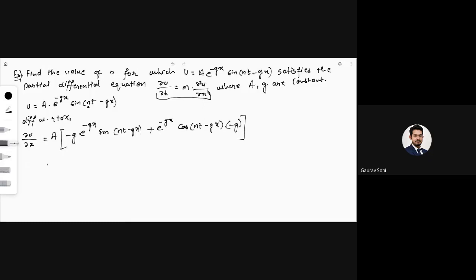So if you simplify this, minus g being constant will come outside, minus A into g in bracket.